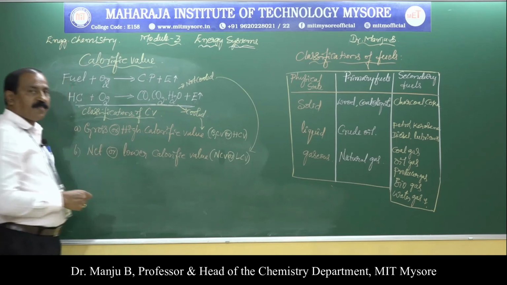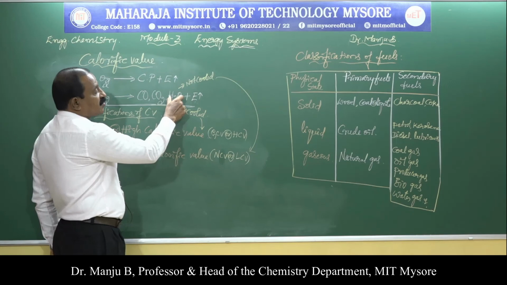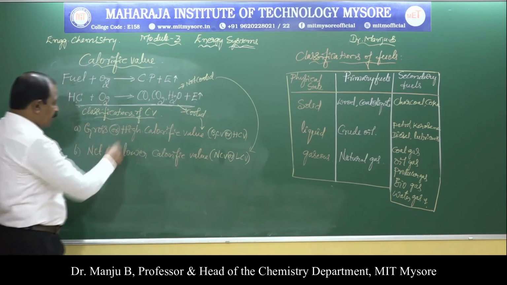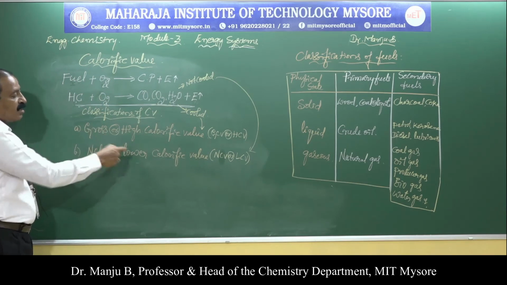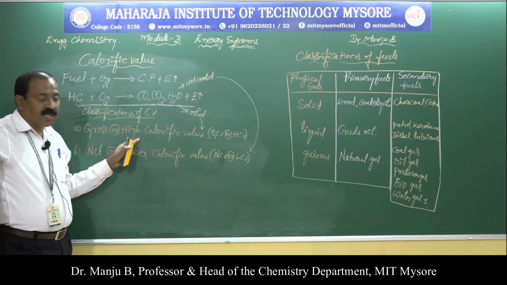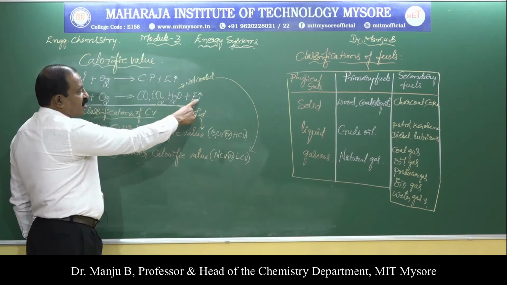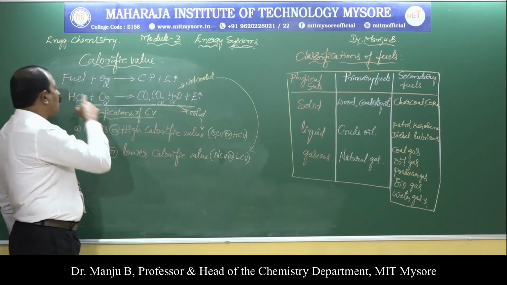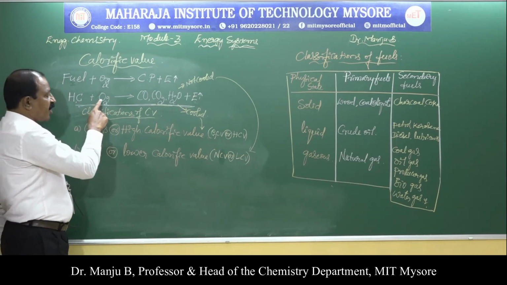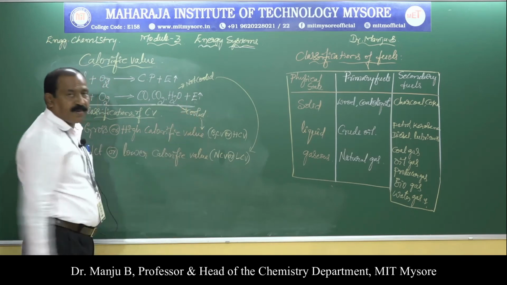If you do not cool to room temperature, the steam energy simply expels out, you lose the steam energy, and finally it becomes net calorific value. That is the difference between gross calorific value and net calorific value. What is the definition again? Gross or high calorific value is the total amount of heat energy liberated when 1 unit quantity of fuel is completely burnt in excess of air and the combustible products are cooled to room temperature.